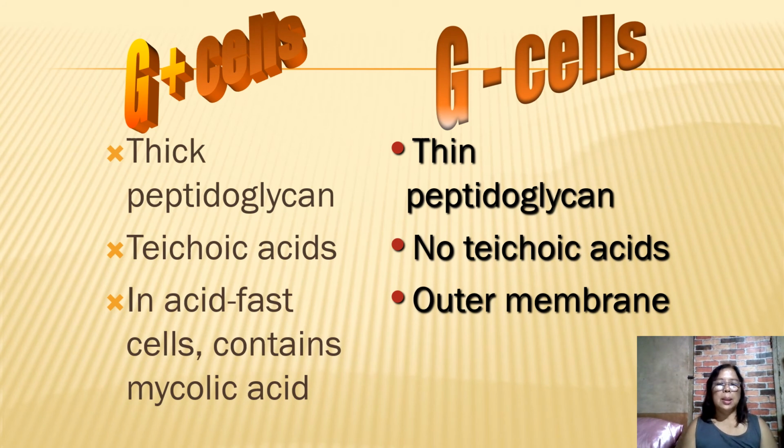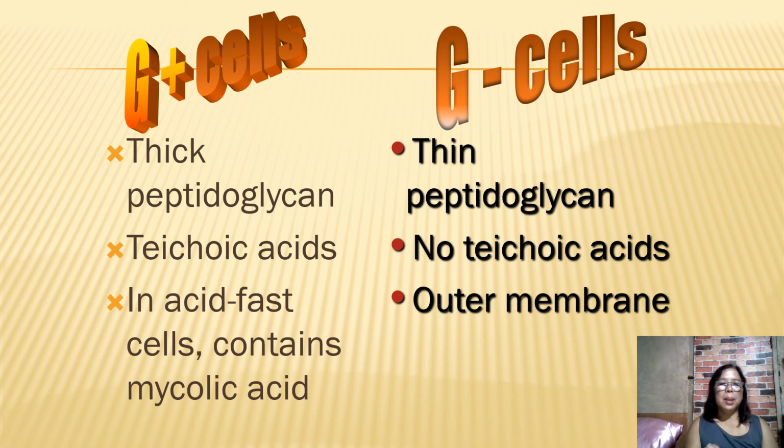Okay, here is an illustration to distinguish between a gram-positive cell and a gram-negative cell. So the peptidoglycan of gram-positive is thick, whereas the peptidoglycan for gram-negative is thin. Easy to memorize. The negative is thin. The positive is thicker, of course, than the negative.